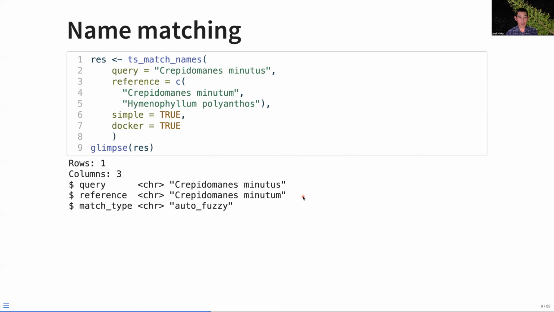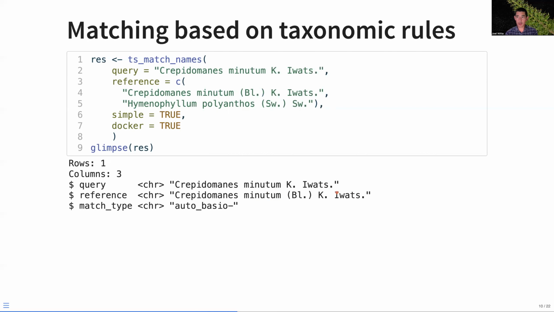This is what the output looks like. We again have the query, and we can see that it was matched to this reference name, Cryptonomys minutum. And the query and the reference actually differ a little bit in their spelling. And so this is a fuzzy match, which means that it's allowed to match within some threshold set by the user.